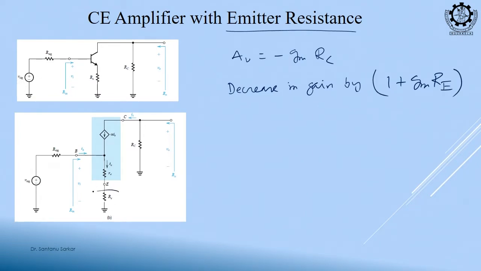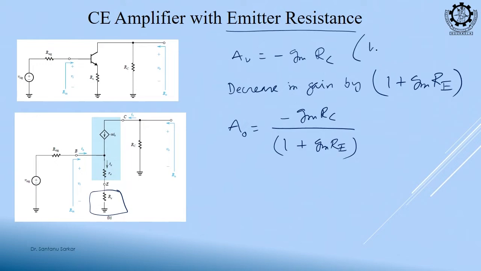This RE is the extra resistance, right. So, multiply it with Gm, add 1. So, this many times your gain will be reduced. So, what will be your modified gain? Minus Gm RC divided by 1 plus Gm RE.